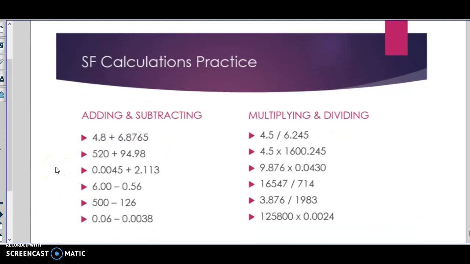Now it's your turn to give it a try. Please pause the video, complete the problems, and round them each to the correct number of significant figures. Here are the correct answers.